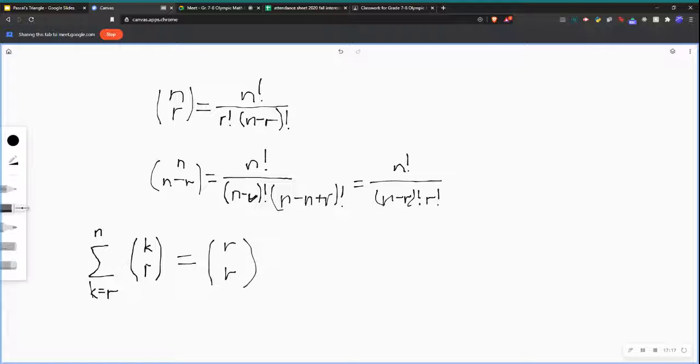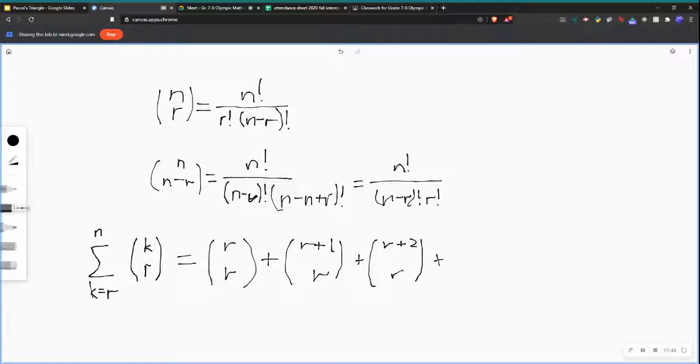And this is equal to 1, by the way. And then we increase r by 1 continually until we get to n. So we have r plus 1, choose r. And then we have r plus 2, choose r. So increase r plus 1 by 1.